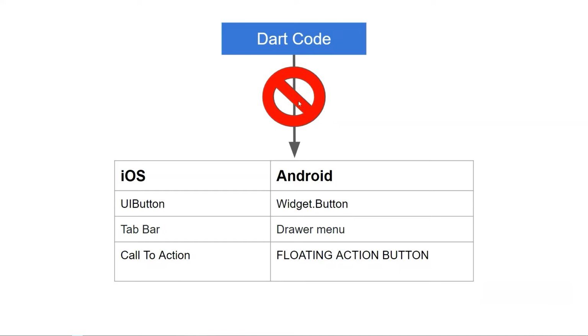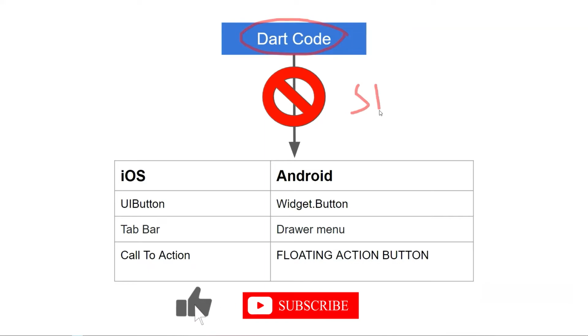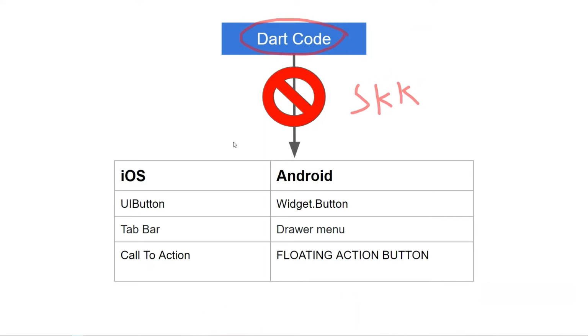As we spoke earlier, the SDK acts as a kind of translator. But it is not like that. If we provide Dart code to the SDK, it does not ask the Dart code to replace its original code with primitive types for each platform.